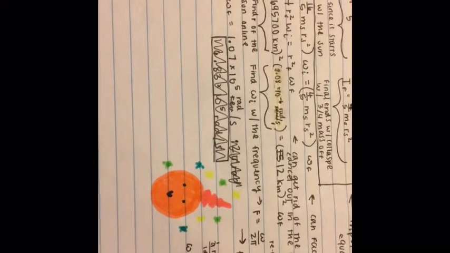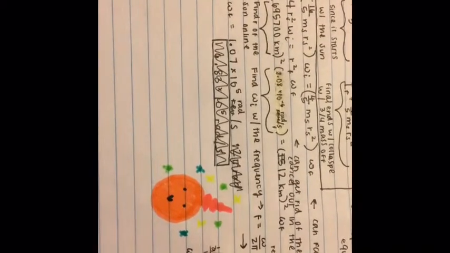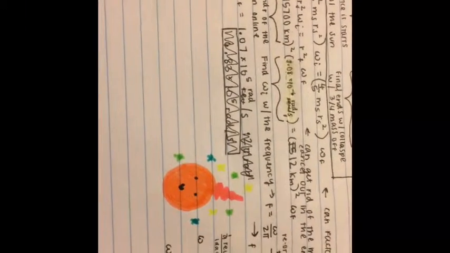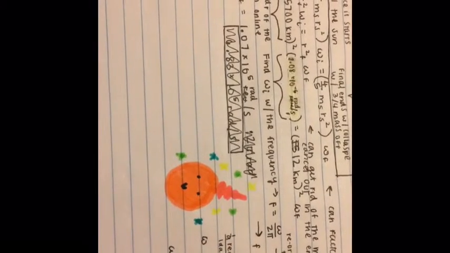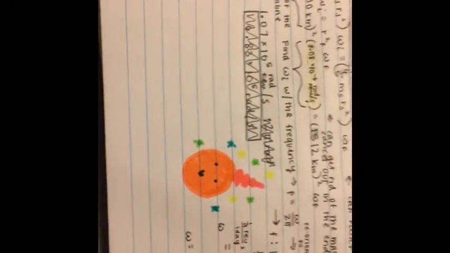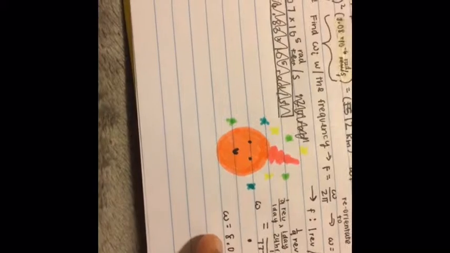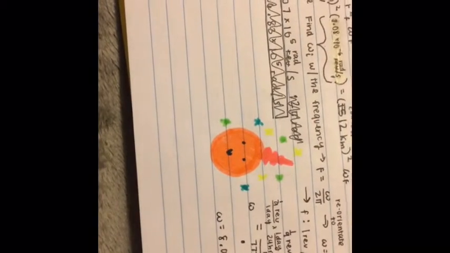Our frequency is that its rotational speed is 1 revolution every 9 days. So basically it's 1/9 of a revolution every single day. The extra step I did was I converted that into radians per second, which I got as 1.08 times 10 to the negative 6 radians per second.